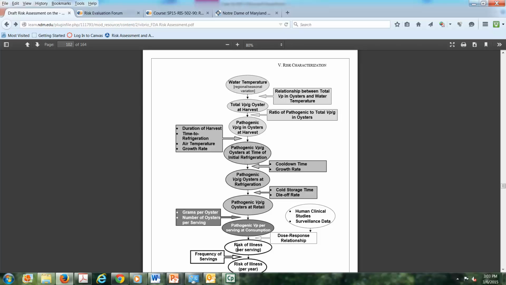Risk characterization is given by the risk of illness per serving here, the frequency of servings, and the risk of illness per year. So the last 3 symbols would show us that part of the calculation model that supports the risk characterization.